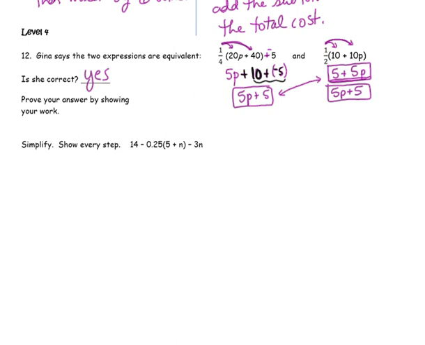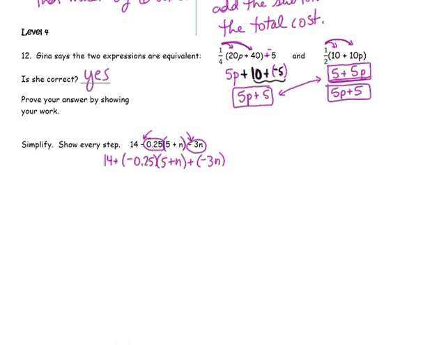Finally, simplify and show every step. The first thing that I want to do is rewrite subtracting as adding the opposite. So this is going to become 14 plus negative 0.25 times the quantity 5 plus n plus negative 3n.